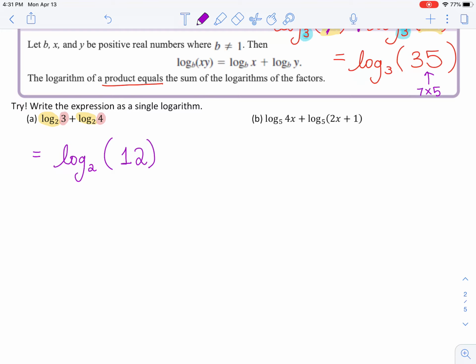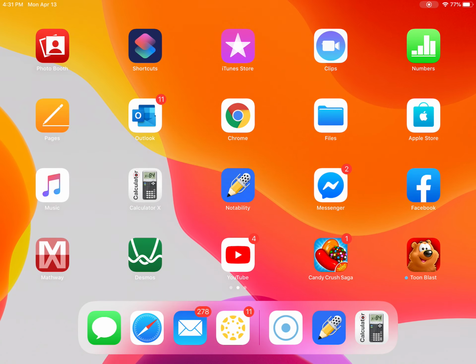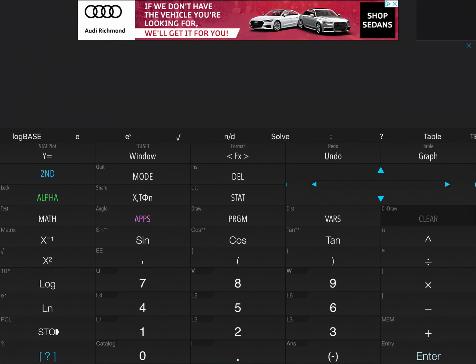But I guess these are just values. So if you want to check if the left side really equals the right side, you can type log base 2 of 3 plus log base 2 of 4 and check and see if that's really equal to log base 2 of 12. Let's do that just because. All right, let me type in the original problem.